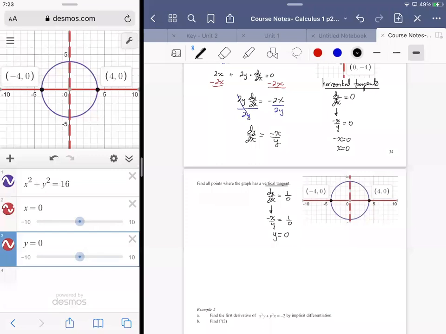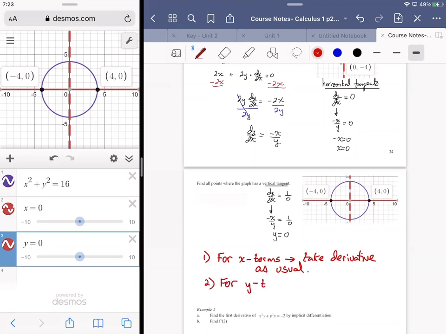So the little ingredients that you want to take away from here is, first, for x terms, take the derivative the way you normally would. So take the derivative as usual.